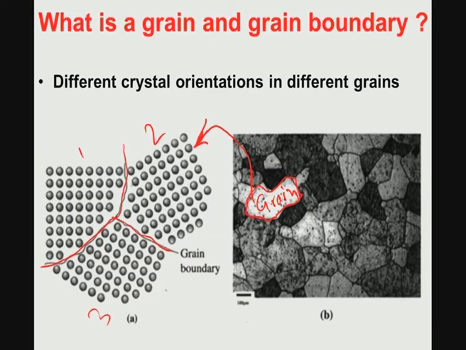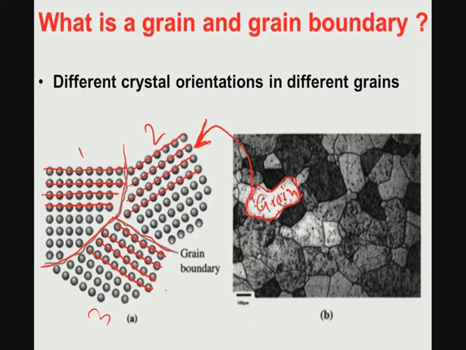You would be able to see this kind of grain morphology: in grain number 1, these atomic planes are oriented in a specific orientation. In grain number 2, the atomic planes are oriented in a different orientation. In grain number 3, atomic planes are oriented in a certainly different orientation than grain 1 and grain 2.